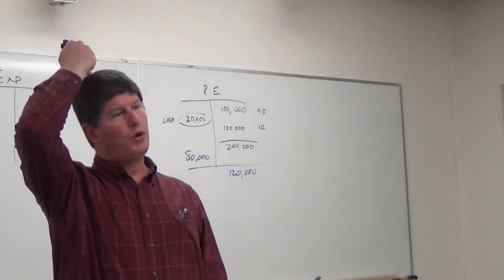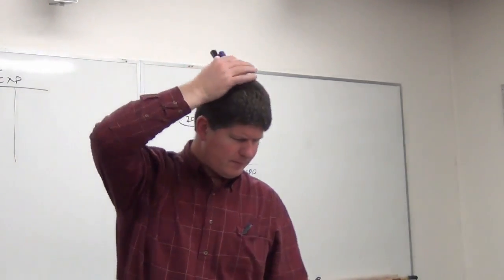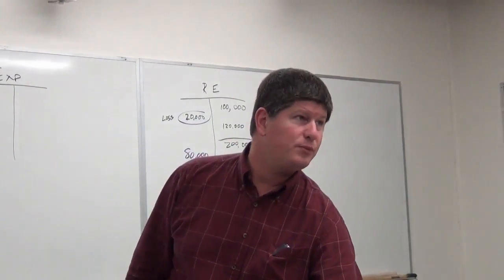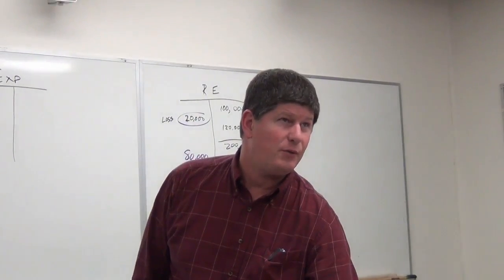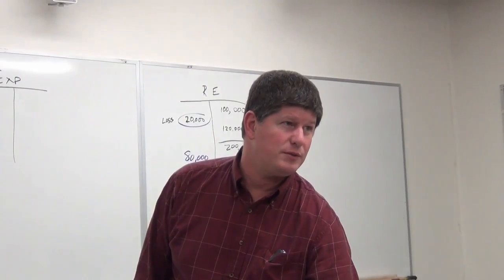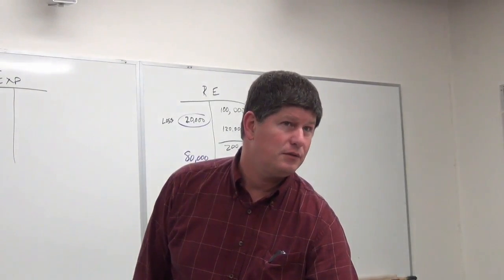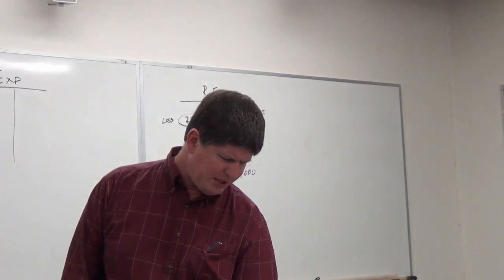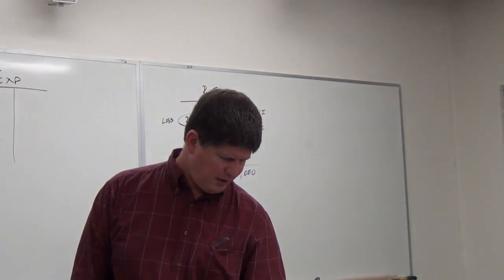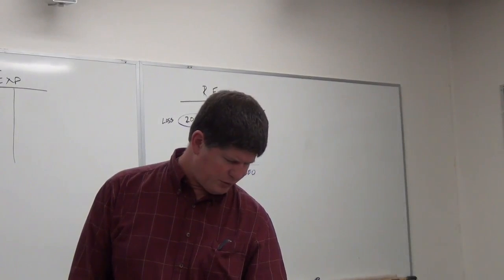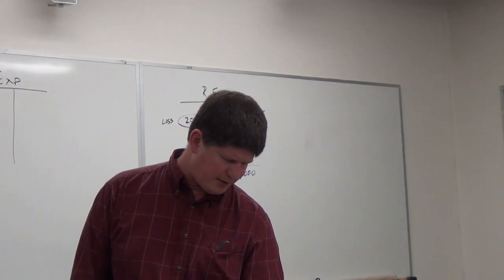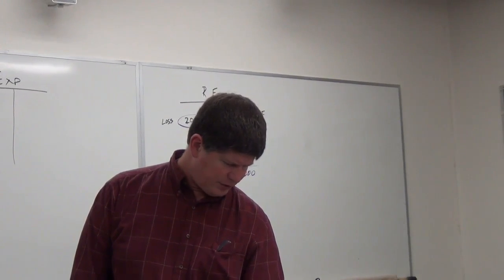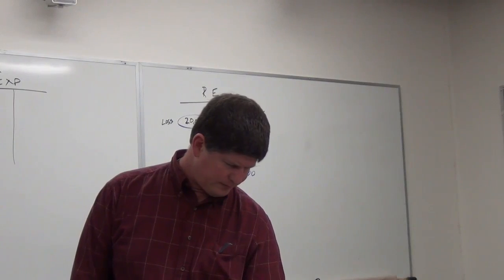Does anybody have any more M problems that they want to talk about? Because I want to have time to do both of the P problems. Okay. So, P2-1, page 89. ExxonMobil explores, produces, they pull gas out of the ground around the world.